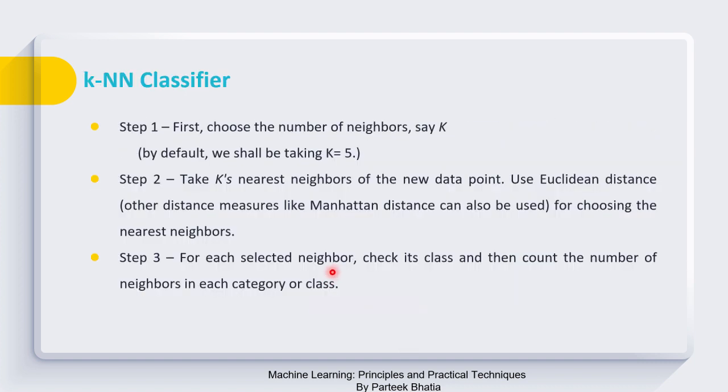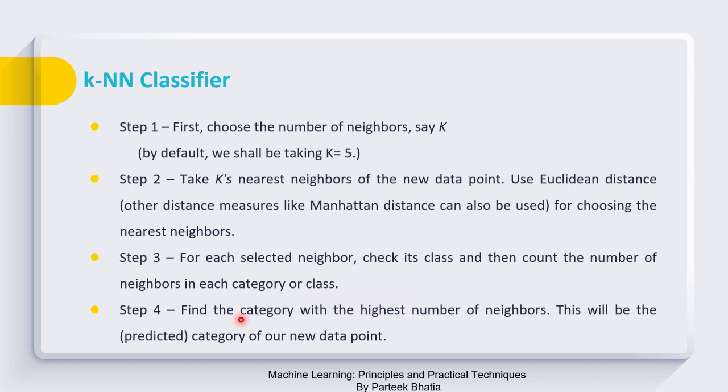In step 3, for each selected neighbor, we have to check its class. After checking the class of each neighbor, we have to count the number of neighbors in each category or class. It means if we have 5 neighbors, we check the class of each, and then find the count of neighbors in each category.